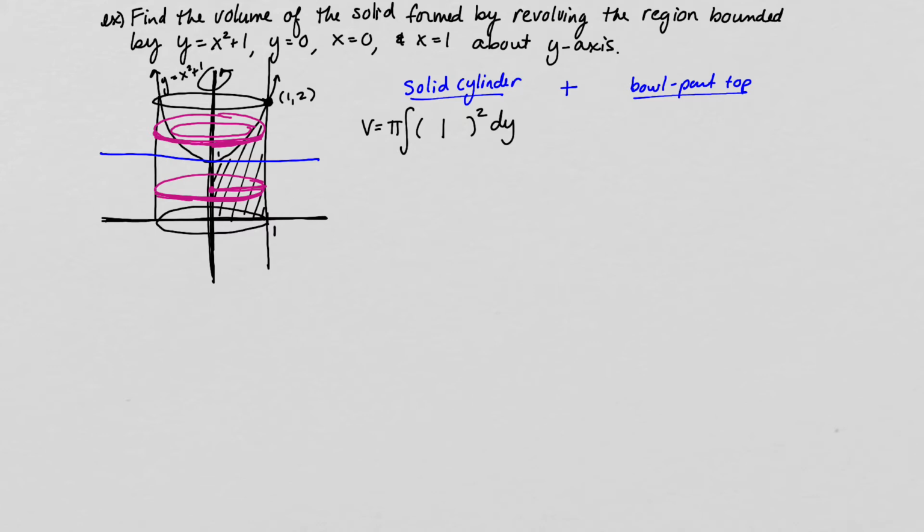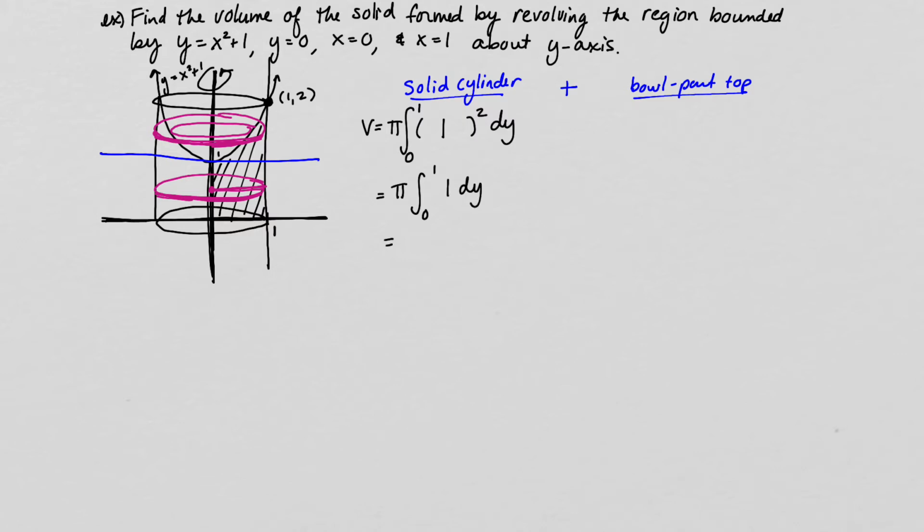Where do I start adding up those disks? Where's the bottom of that solid? Yeah, the bottom is at 0. And then I keep adding them up until I get to what y value? Yeah, till I get to 1. So this is actually a pretty nice integral, right? This first part is going to be pi times the integral from 0 to 1 of 1 dy.